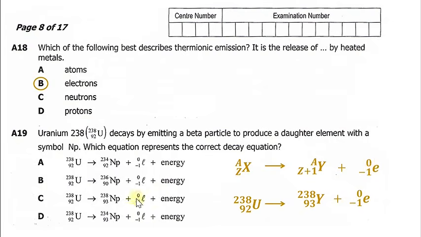So when you compare, these numbers suit this one: 238, 93. I said don't mind, I forgot to change Np here. So we are just looking at these numbers here. And then this is 0, this is negative 1, correct, except this one put L there thinking it's e. This is e. The one who was typing didn't know, they were supposed to put e there. Okay, so the answer is C.